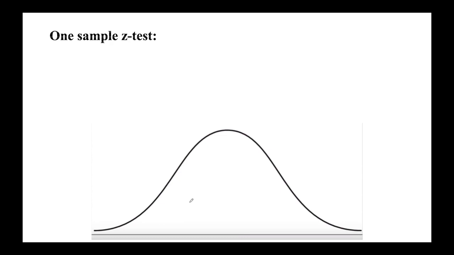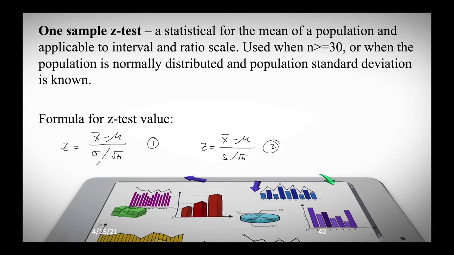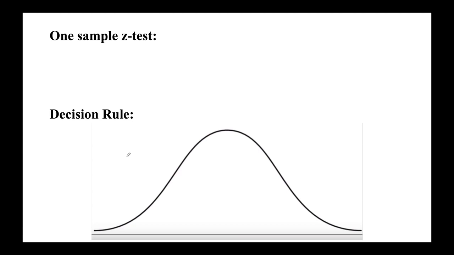So, next, let's have our one sample Z-test and the decision rule. For one sample Z-test, let's go back to our previous slide regarding the formula. Since ang given sa atin right now is the population standard deviation, our formula that we're going to use is formula number 1. Z equals x bar minus mu all over the standard deviation divided by the square root of n.